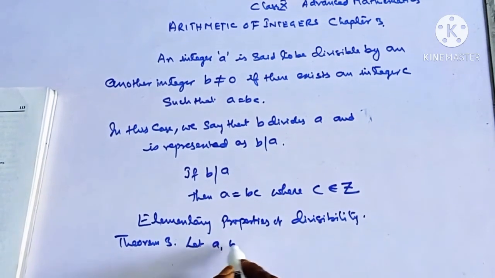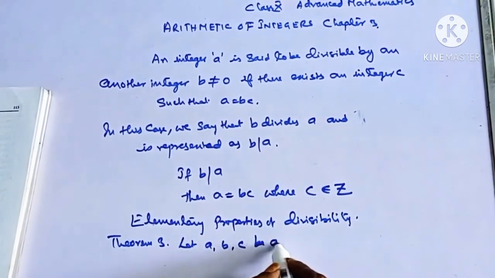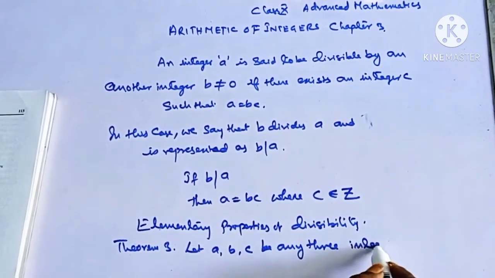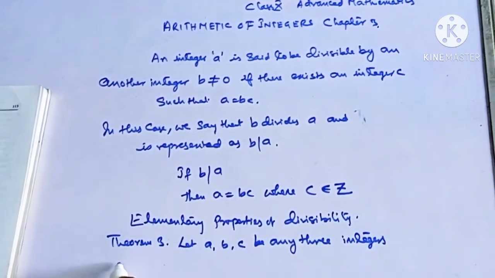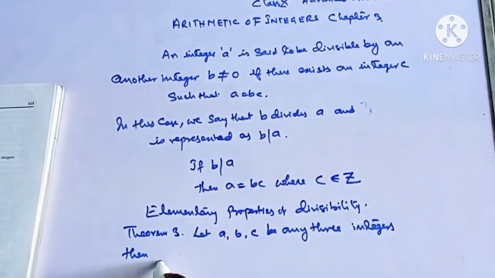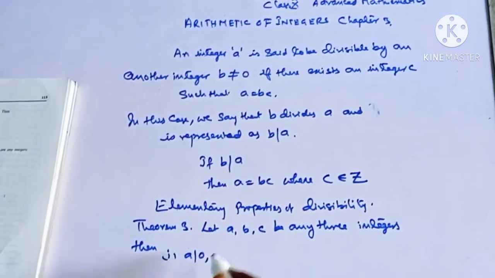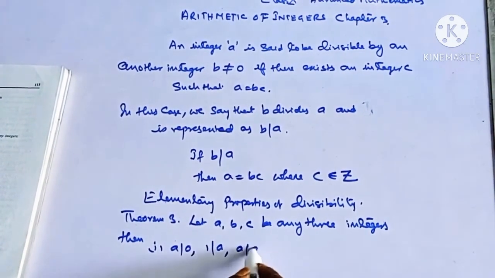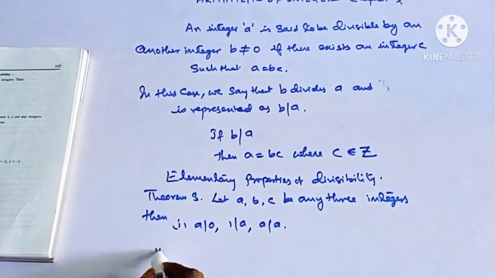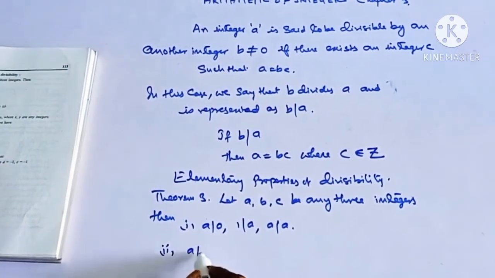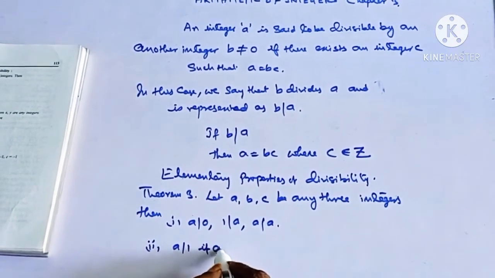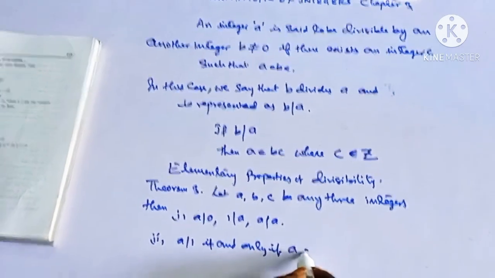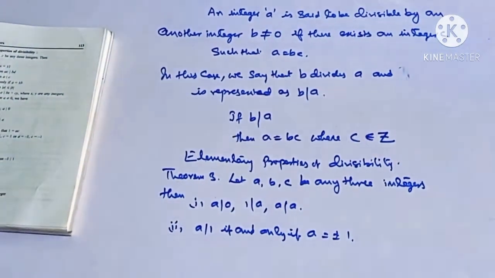Let a, b, c be any three integers, then first, a divides 0, 1 divides a, and a divides a. Now second, a divides 1 if and only if a is equal to plus minus 1.